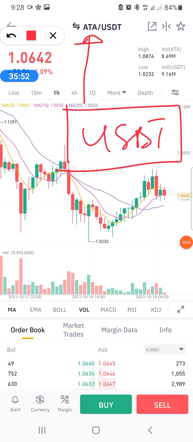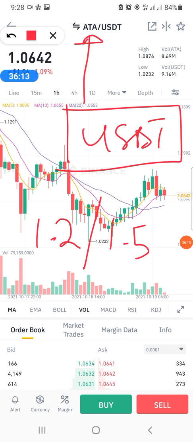For example, let's assume that we purchase ATA at the rate of $1.2 and we sell it at the rate of $1.5.